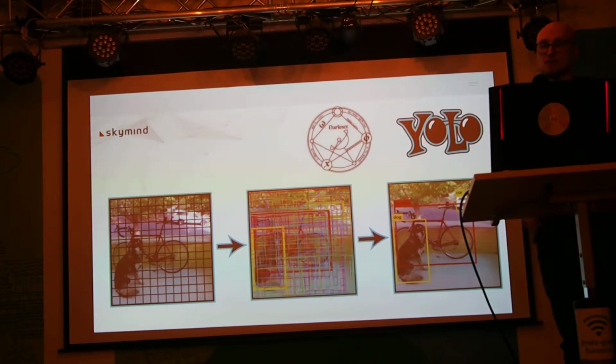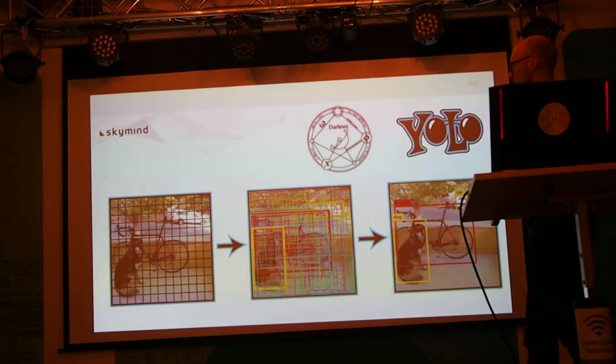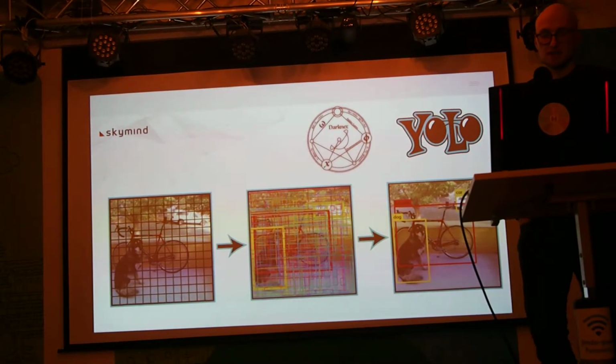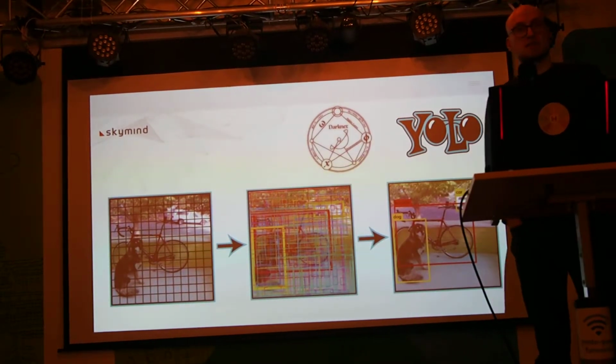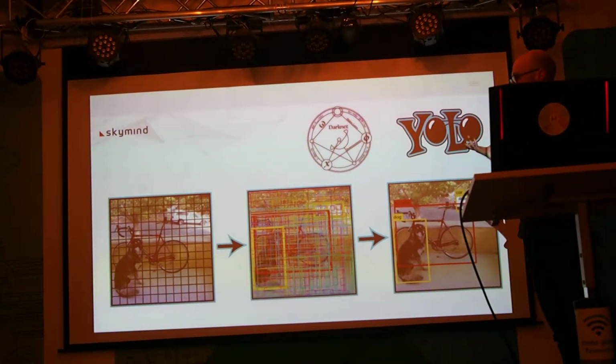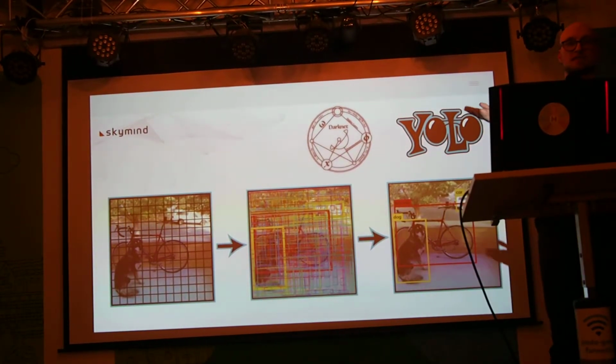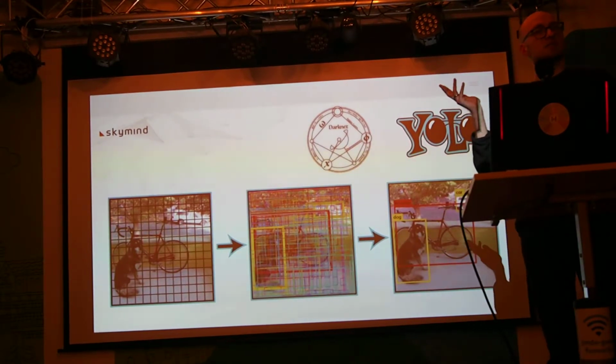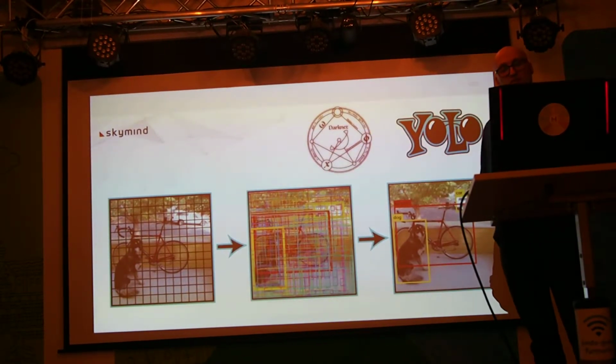Okay, so YOLO. How does this YOLO approach, you only look once, really work? So we start with a grid for each of your images, right? YOLO would take some image and rescale it to a certain size, 480 by 480 pixels I think is the standard size you start with.